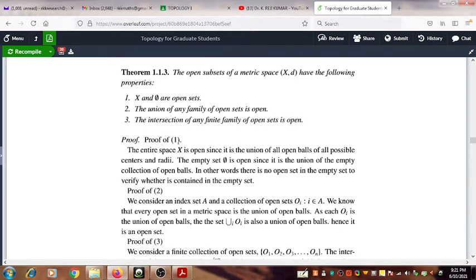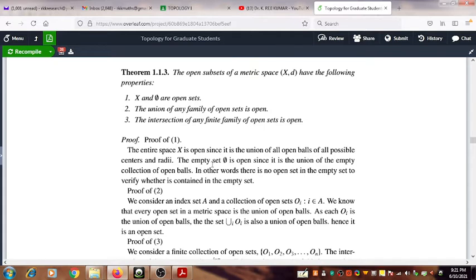First, we shall prove statement 1. The entire space X is open since it is the union of all open balls of all possible centers and radii. Why? Because it can be expressed as the union of all possible open balls of all possible centers and radii.